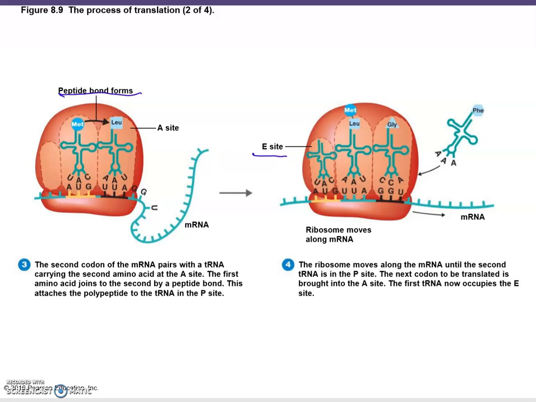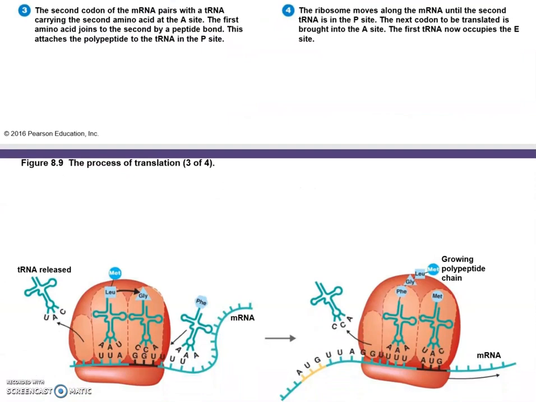The matching anticodon is CCA, and now this tRNA will deliver the amino acid glycine, and now we just need to form a peptide bond. Then we can move everything one place over, and now this tRNA molecule would then leave, and we can add the next one. So go step by step until we hit the stop codon.